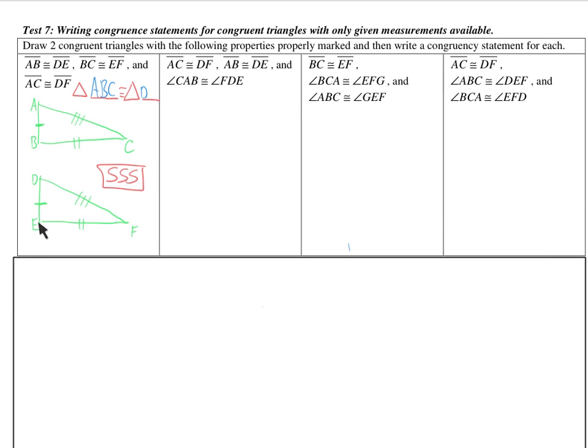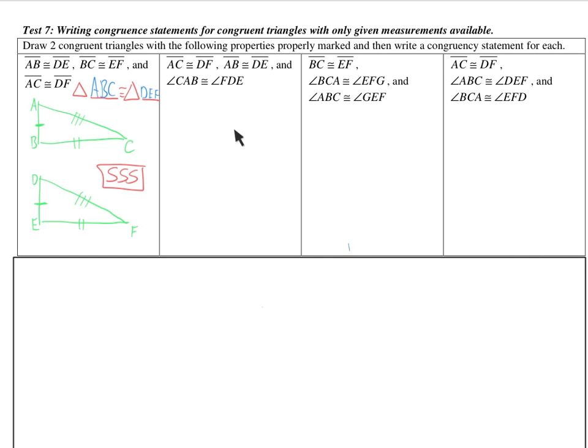Isn't that the E right here? So that would be E. And what corresponds to C? C's our last letter. Isn't that F? So there it is. That right there is the two triangles are congruent. Those are the names. And that is the reason why.